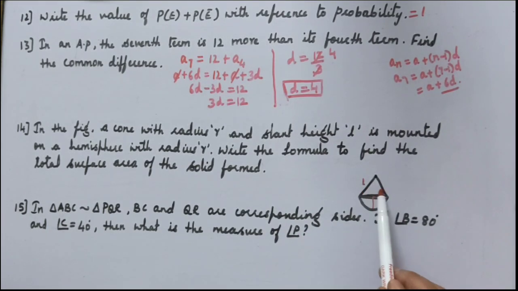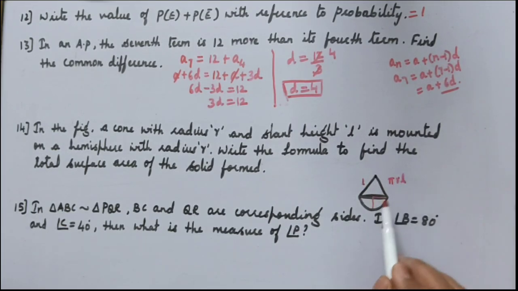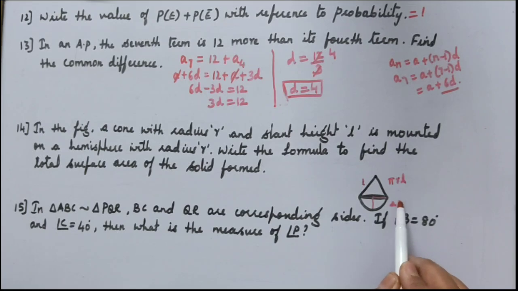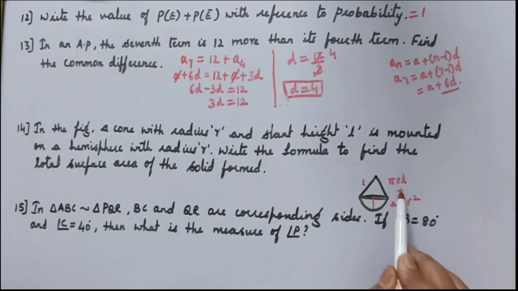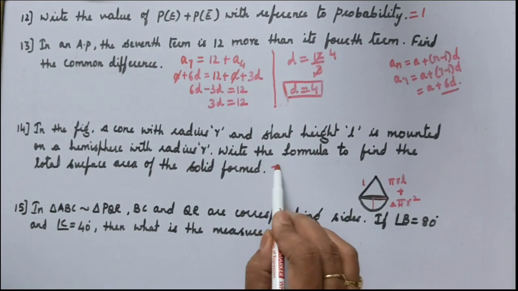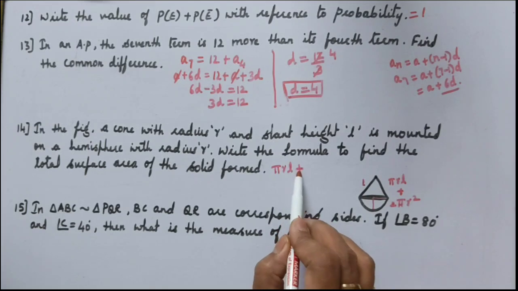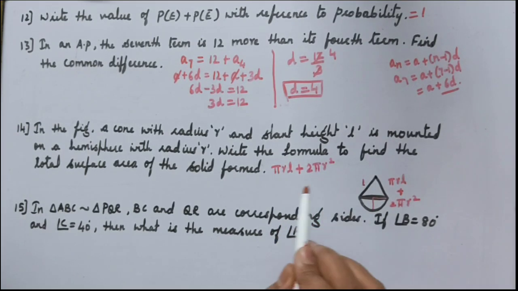Now total surface area: the curved surface area of this cone is pi rl and of the hemisphere is 2 pi r square. Now what will be the total? We are going to add these both. Let me say pi rl plus 2 pi r square.